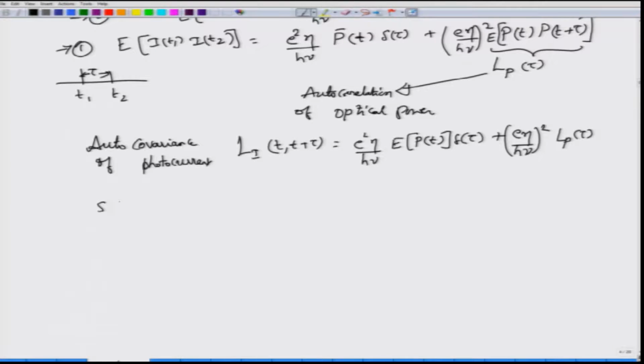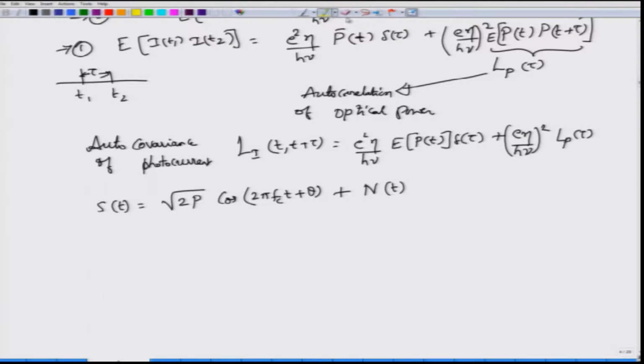Remember, the input signal to the amplifier was S of t, which is given by square root of 2P cos(2 pi fc t plus theta), where theta was the random variable, and the power of course will be proportional to this. However, the output of the amplifier will have, in addition to this, the noise component n of t.